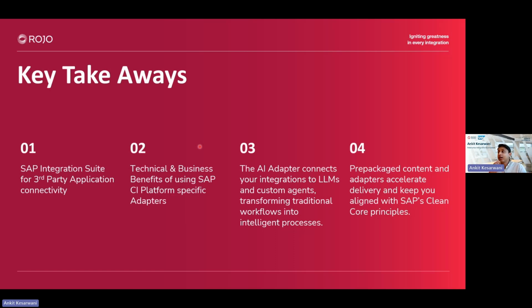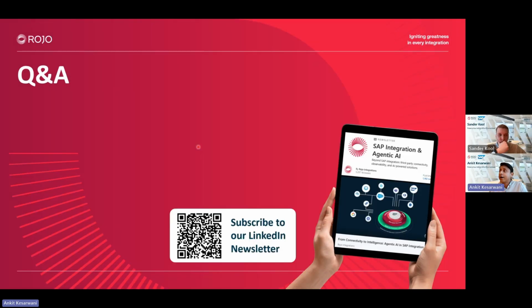And we also understood how an adapter can help you connect with your LLMs, agents, and make your integration smarter. And the last, which we just saw, is how prepackaged content solves your business process integration requirement in a much accelerated way. So these are the key takeaways for this session.